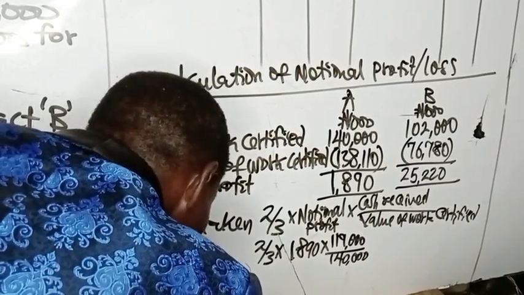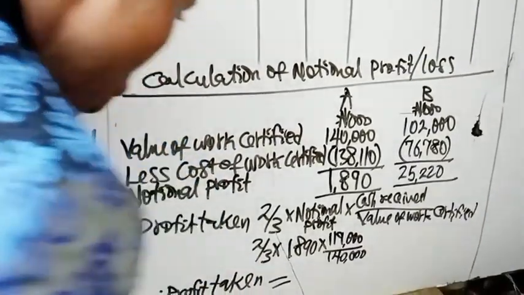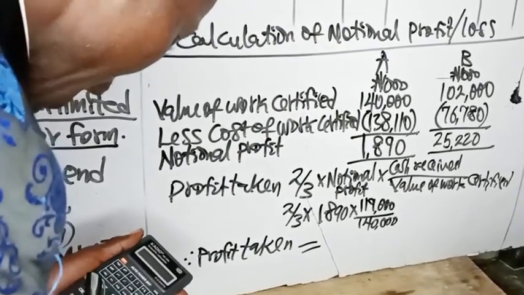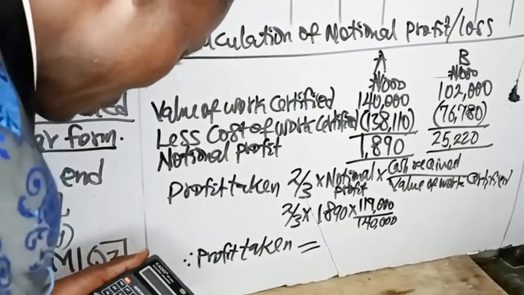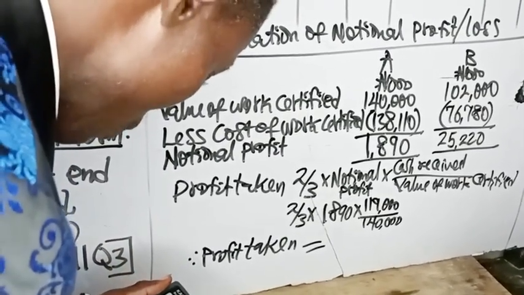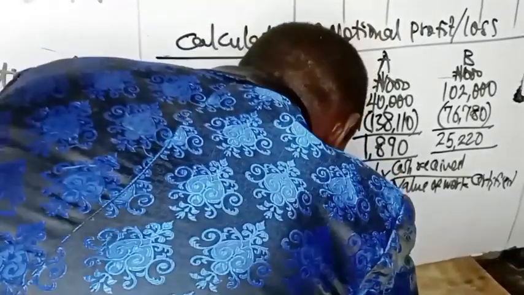Therefore, that is profit taken to profit or loss. So 1,890 times 2 divided by 3 times 119,000 divided by 140,000. So you have 1,071.